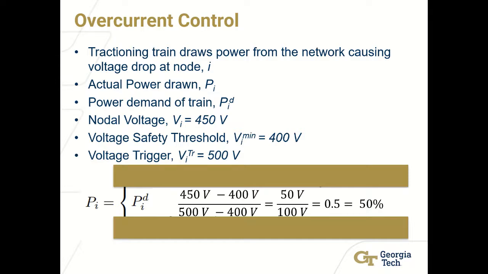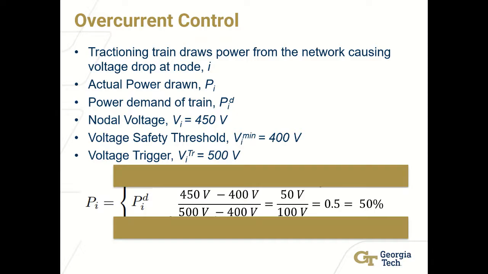In this case, the nodal voltage is 450 volts, the minimum threshold is 400 volts, and the voltage trigger is 500 volts, which leaves us with 50 volts in the numerator and 100 volts in the denominator. So we are scaling our power demand by 50%. So in this case, the conductor is getting 50% of the power that they are requesting.